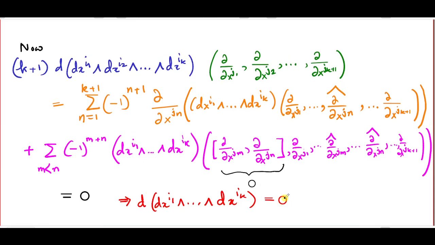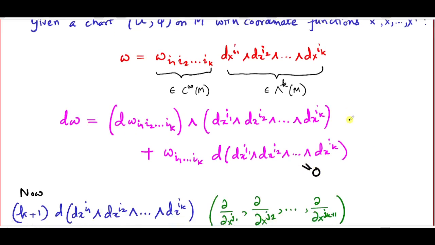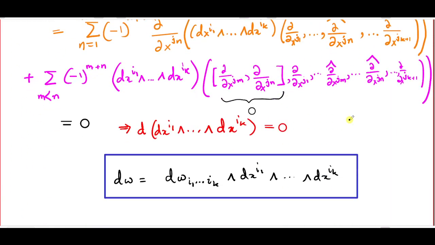And therefore, going back to our expression for d omega, this second term vanishes and you are left with just the first term, which of course is what we had derived before, but with a lot more effort. Now, the formula that we have derived right now should remind you of the formula for the derivative of a product of two functions.